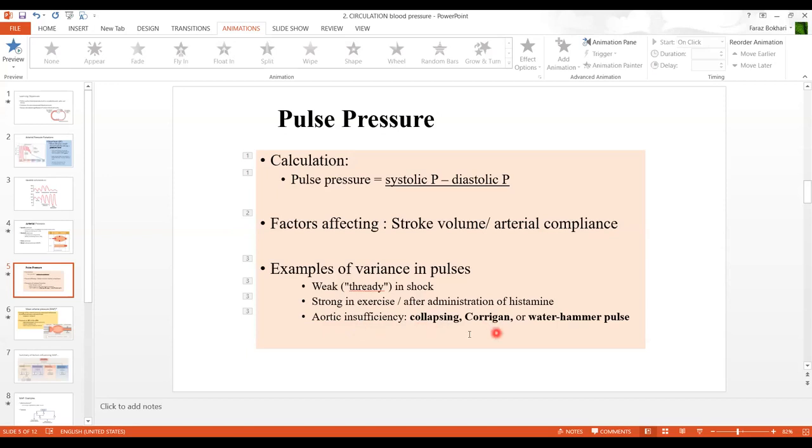And this kind of system in the aortic valve generates a collapsing or water hammer pulse. It goes up sharply and drops back sharply as well. It is not like a normal pressure pulse. Again, this can be expanded in your tutorial. So this is basically stuff about pulse pressure. Right at the end, we will be looking at some of the scenarios which involve blood pressure, pulse pressure.